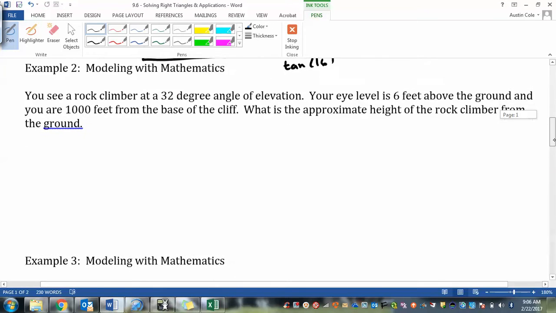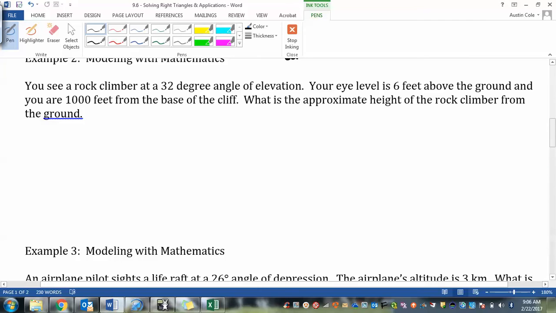Okay, second one. It says you see a rock climber at a 32 degree elevation. Your eye level is 6 feet above the ground, and you are 1,000 feet from the base of the cliff. What is the approximate height of the rock climber from the ground?